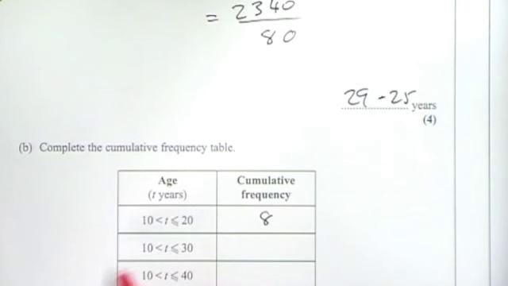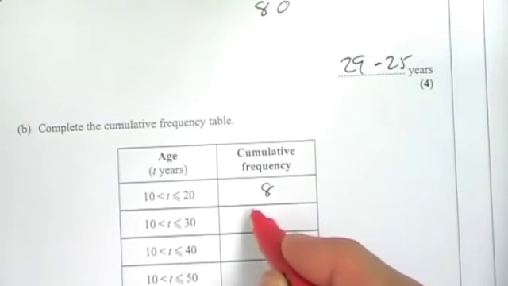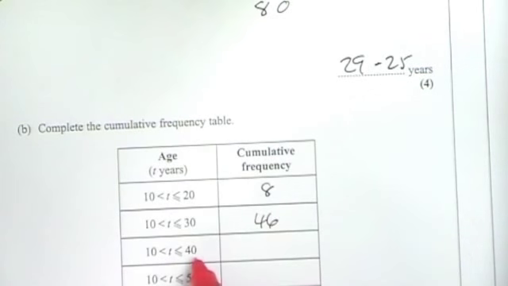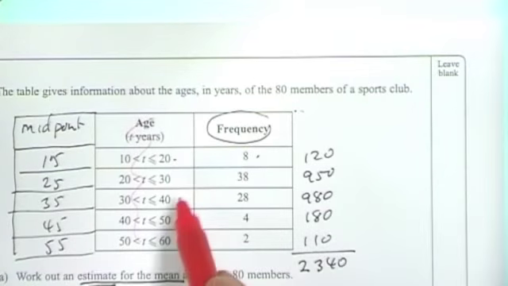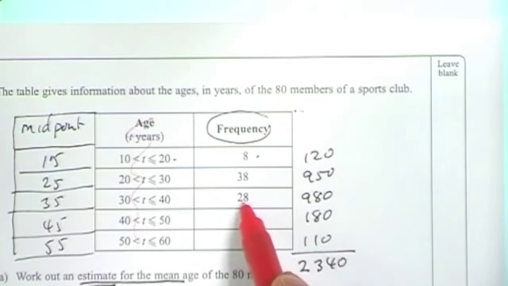Next one says, okay, up until 30, between 10 and 30. 10 was a starting point, so how many values up until 30? Well, we look in the table, there's another 38 values in that second row, so another 38 plus the 8 in this row are going to give us 46. And what about up until 40? Well, in this third row, between 30 and 40, there's another 28 people.